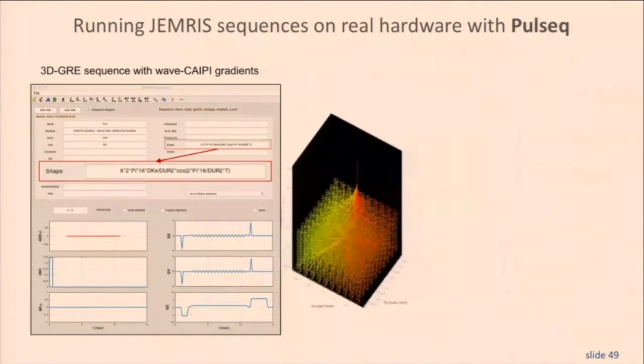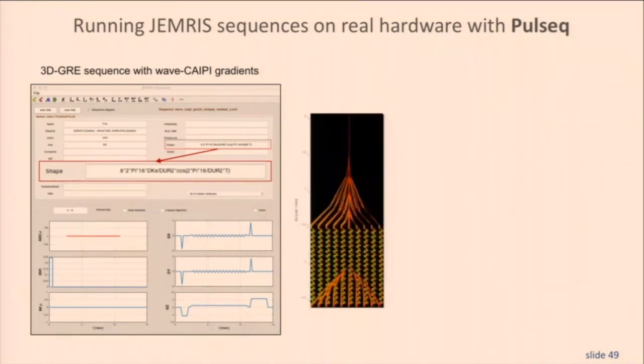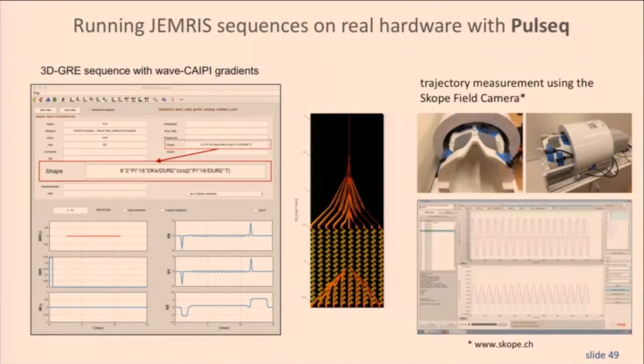When we looked at the original paper, we thought, well, that's cool, but we could reconstruct it in a different way. But then you also need to know very exactly what your gradient system is doing. Because we have this field camera, we can measure the gradients and then potentially do a correction.